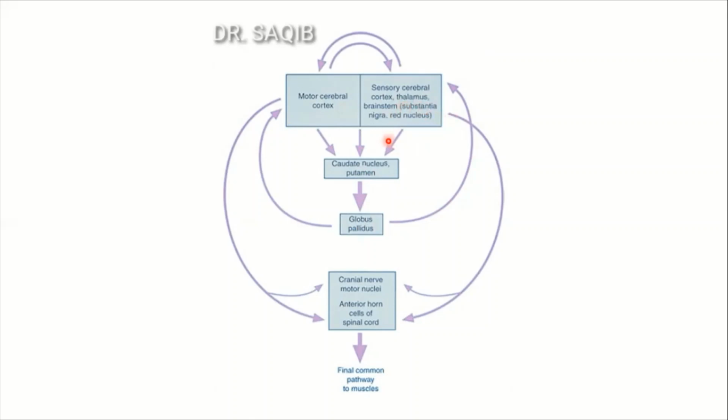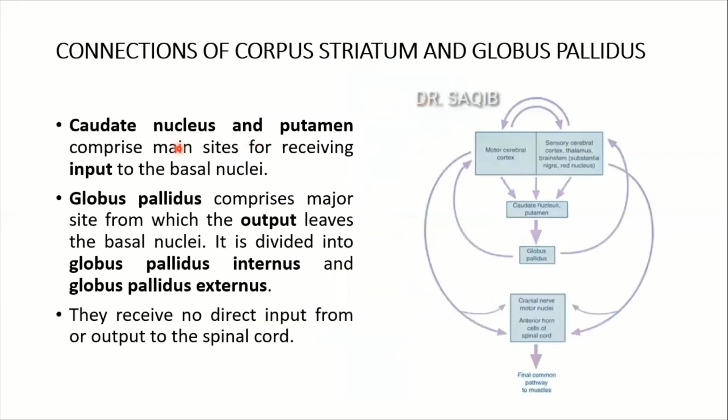And I already told you that these basal ganglia dampen the influence of the cerebral cortex on motor activity, by exerting the influence mainly on the thalamus. So the caudate nucleus and putamen comprise the main sites for receiving input to the basal nuclei. I told you already, this is the caudate nucleus and the putamen, the main input.